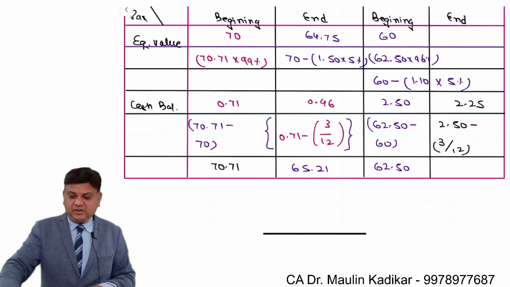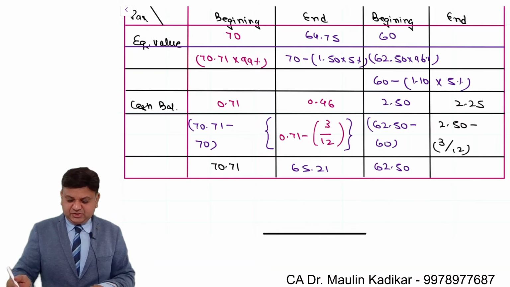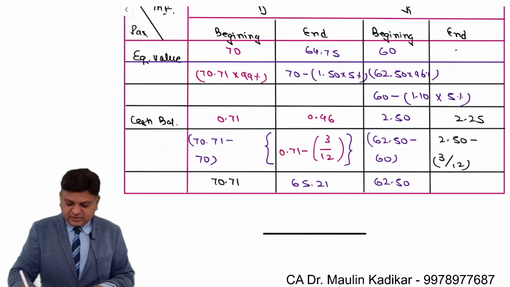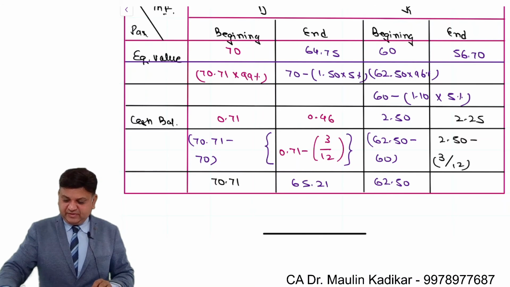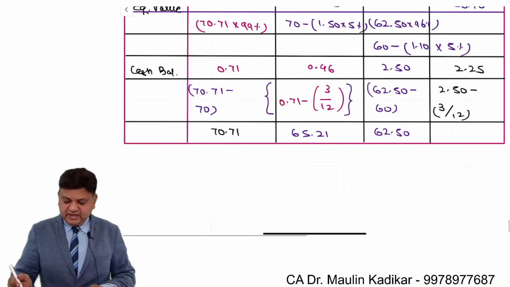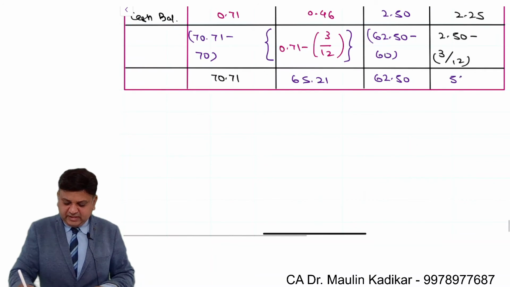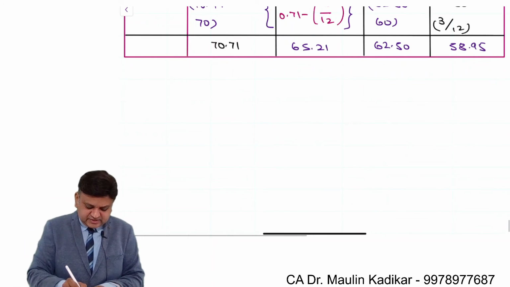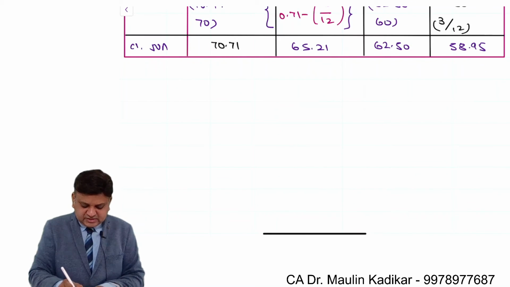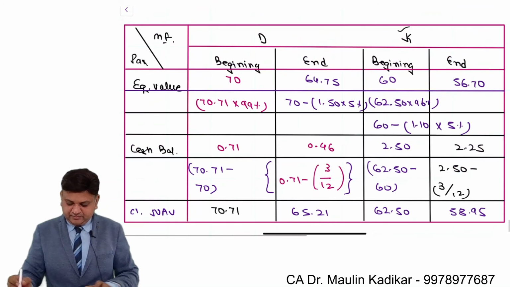So use a calculator. 1.1 into 5, that is 5.5. So 60 minus 5.5%, that comes to 56.7. So this 56.7 is added to 2.25 and it comes to 58.95. This is what we understand is the closing net asset value at the end of the month.